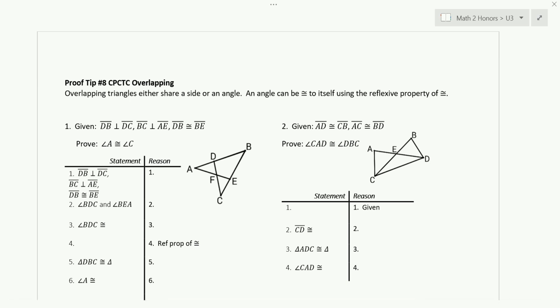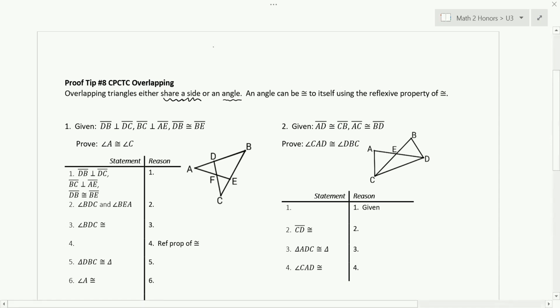But when triangles overlap, what's important for you to look for is this. You're either looking for a shared side or a shared angle. It's going to be one or the other. And you want to locate that because that's going to be key in your proof.